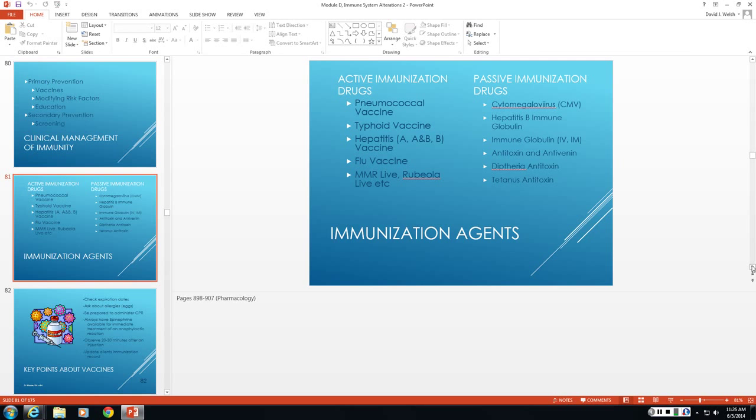Your antitoxin and antivenin drugs, your diphtheria antitoxin, and your tetanus antitoxin.